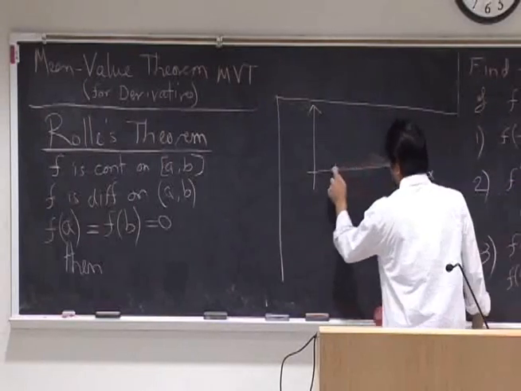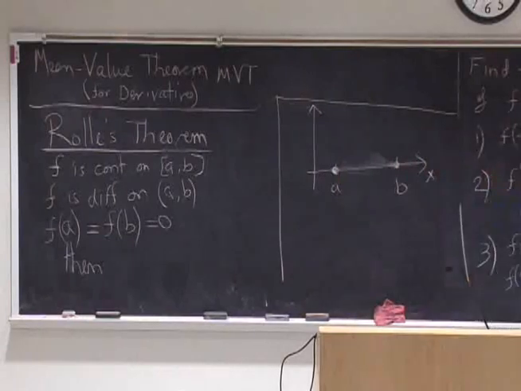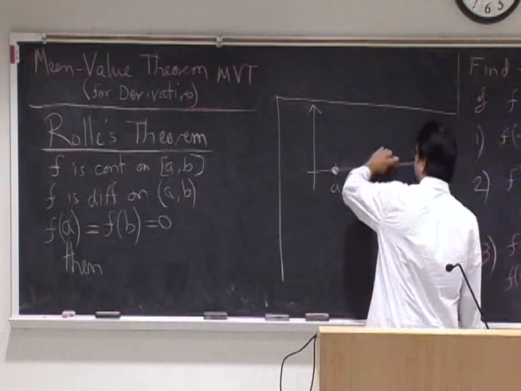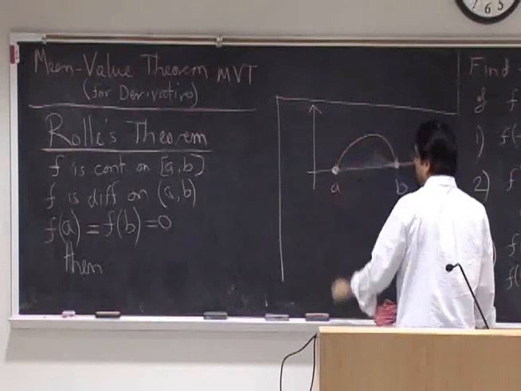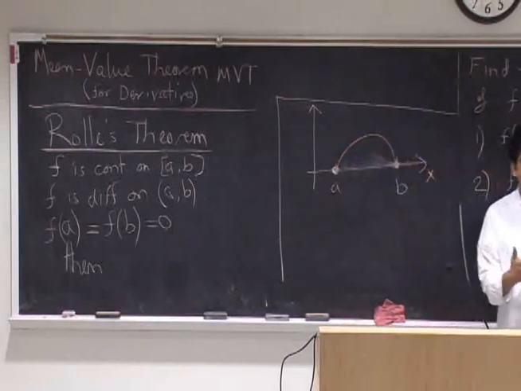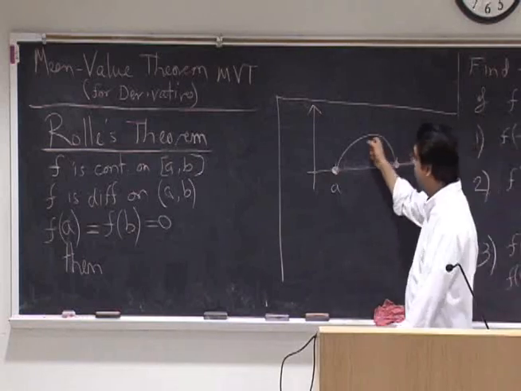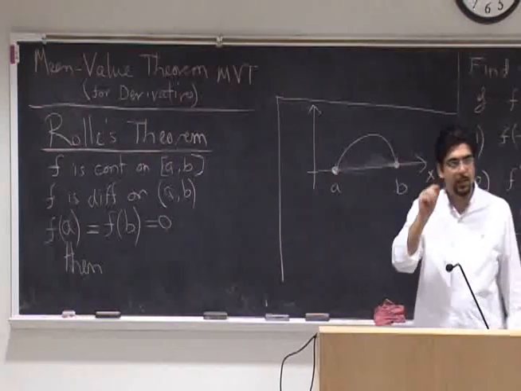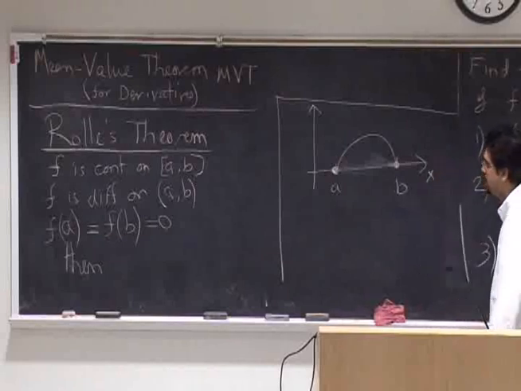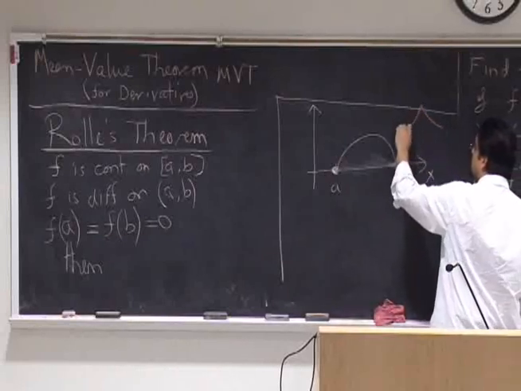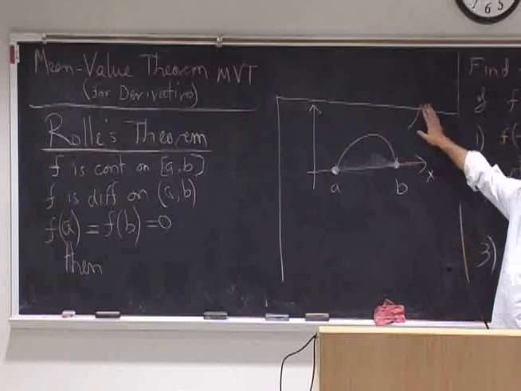But instead, let's say that it's not a constant function. You notice that whatever you do, you have to have at least one peak or valley. And because of the differentiability condition, that peak has to be a smooth peak. Can't be a cusp, because it's got to be differentiable.